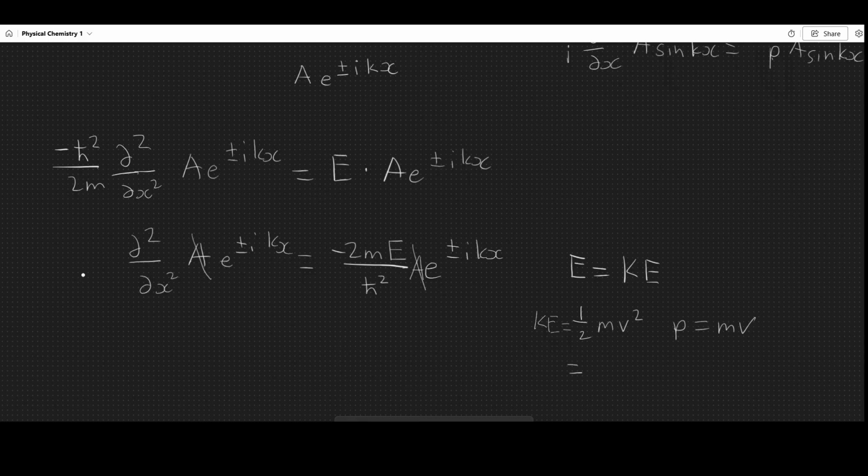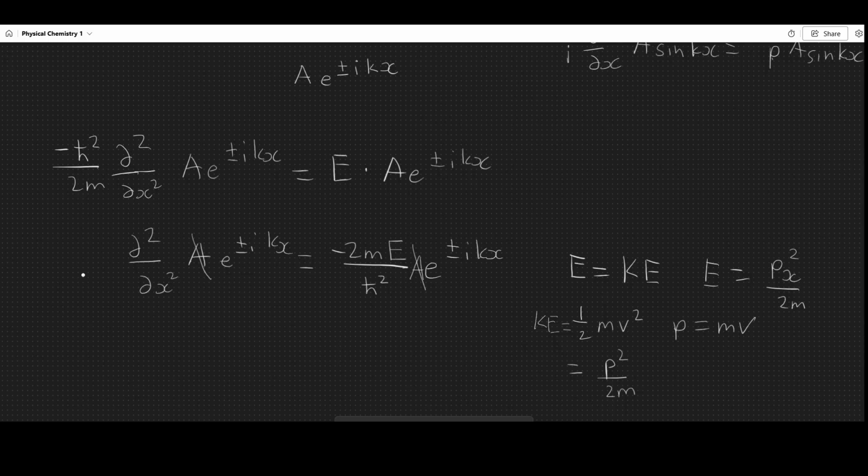It's momentum squared over 2m. And so we can do the same thing for this. We can now write energy as equivalent to p sub x squared divided by 2m.